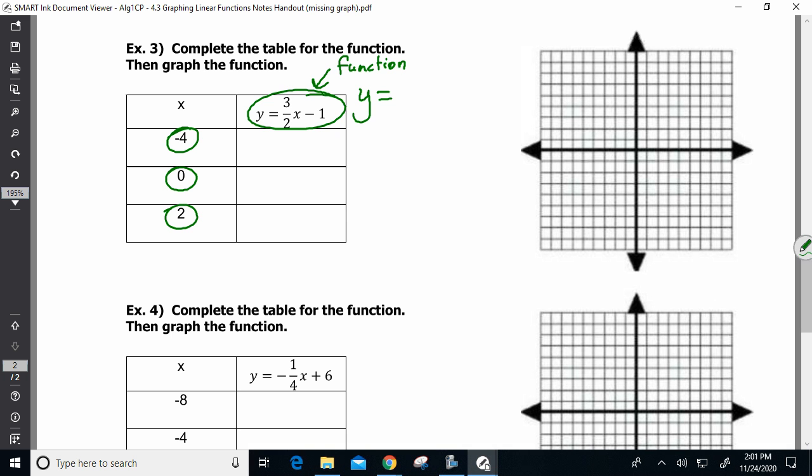Take -4, plug it into the function. Now, since 3/2 is a fraction, you need to make -4 a fraction. Put it over 1.